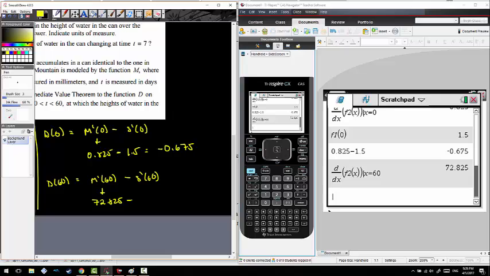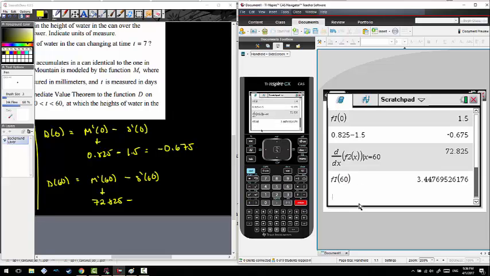Minus, well, what's S prime of 60? Well, that happens if I look at f1 of 60. That's 3.447695 and so on.